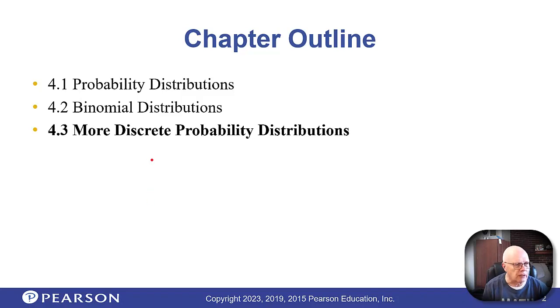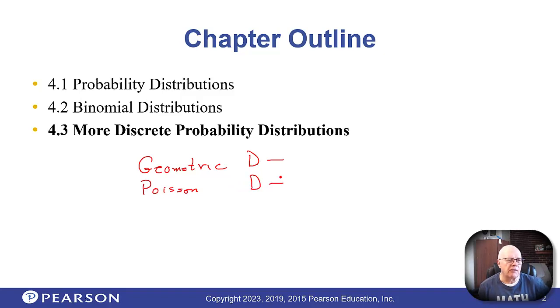We're going to talk about the geometric distribution, and now if you know French, you might shoot me for pronouncing it this way, but I think it's the Poisson distribution. Anyway, that's what I'm going to call it until I learn better.